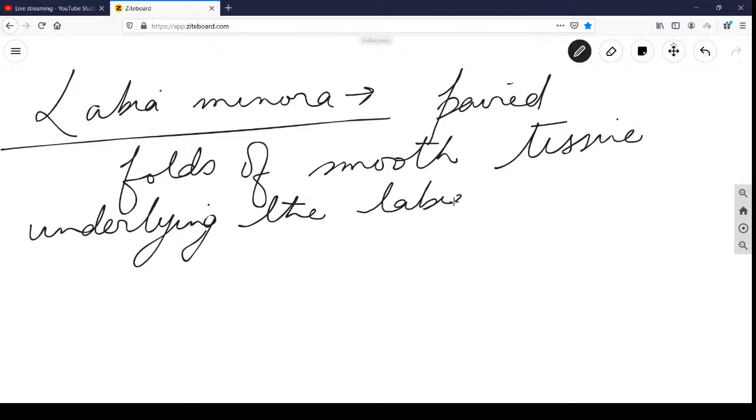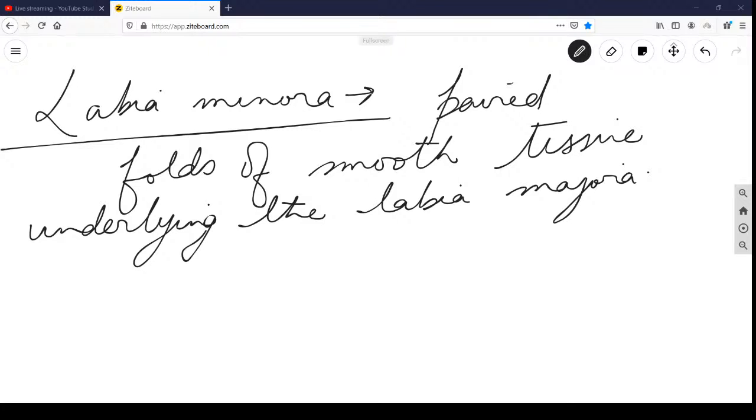They range from light pink to brownish black in color in various individuals.